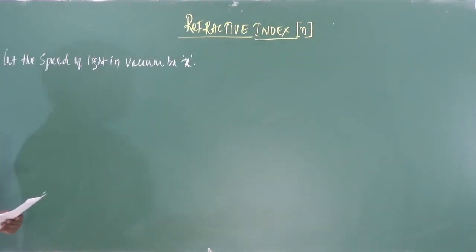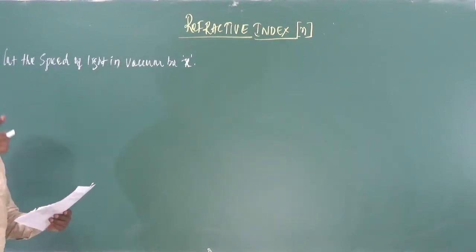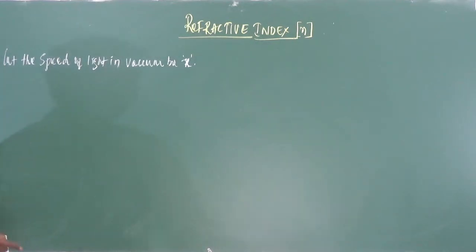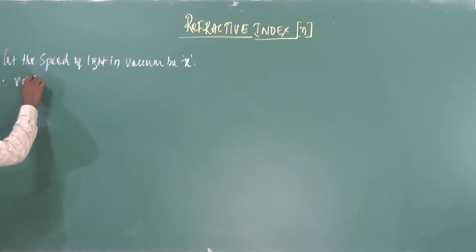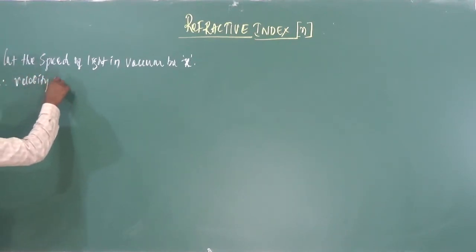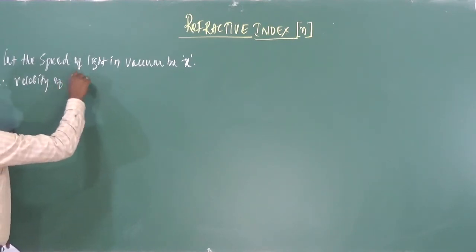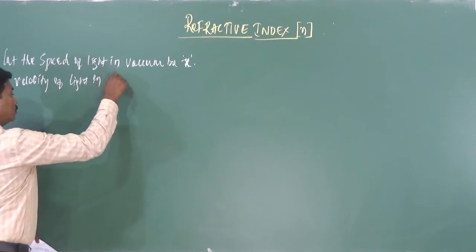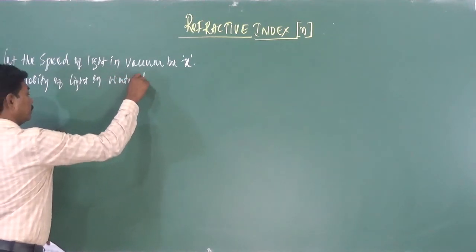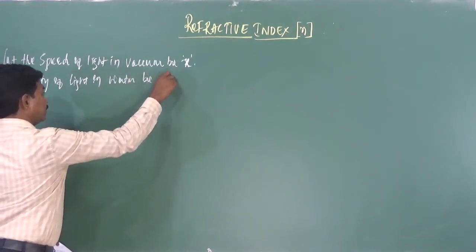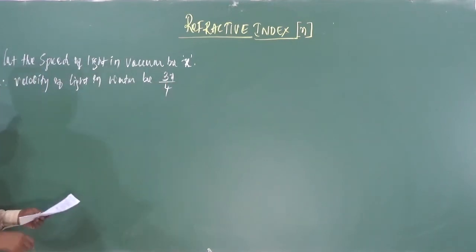Now, velocity of light in water is 3/4 times the velocity of light in vacuum. So, therefore, the velocity of light in water will be 3x by 4, because it is 3/4 times the velocity of light in vacuum.